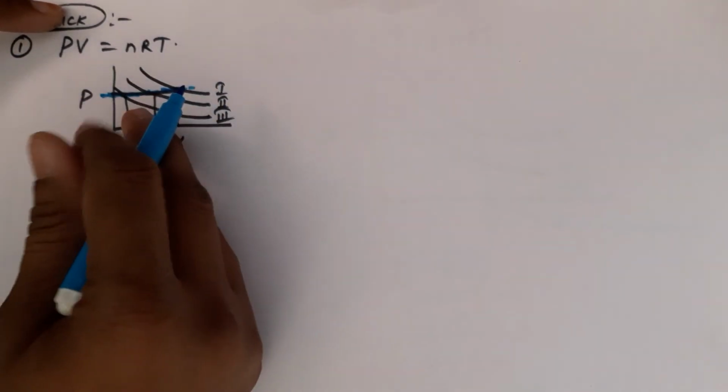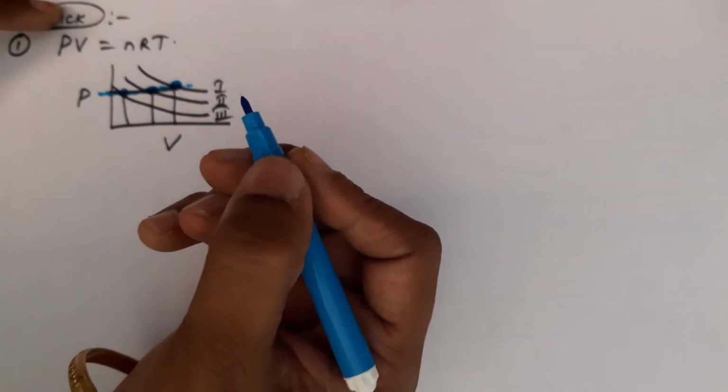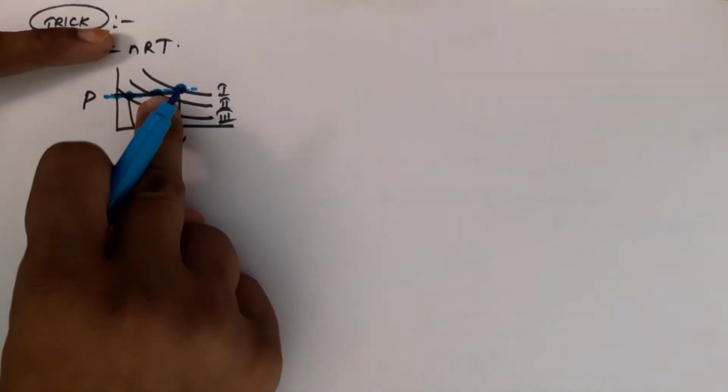I am taking this as the reference line, that is this point, this point, this point. I am taking the horizontal line as reference, so what is constant here, students? Pressure is constant.